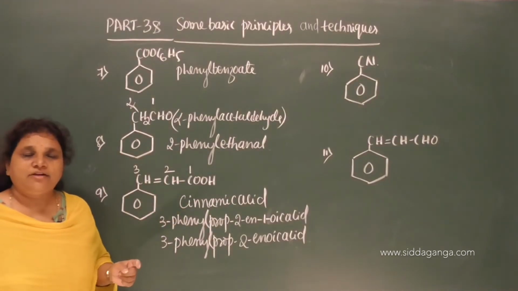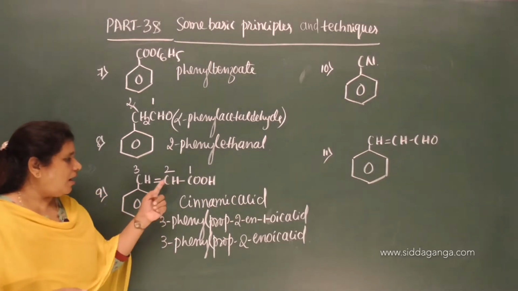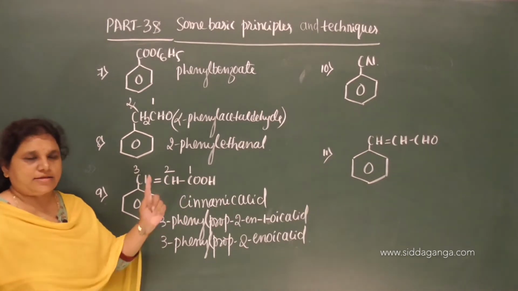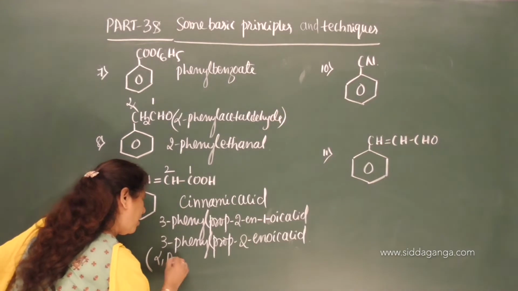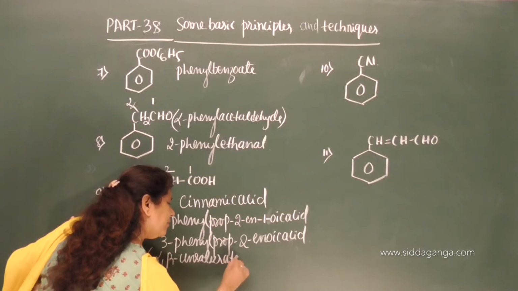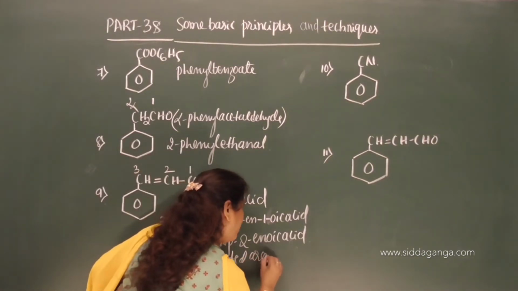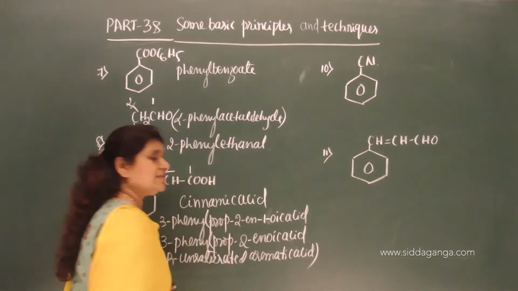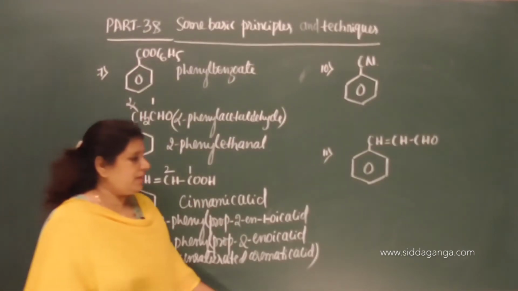A COOH group is there, therefore it is an acid, so it is called alpha beta unsaturated aromatic acid. Cinnamic acid is nothing but an alpha beta unsaturated aromatic acid. That is the nature of cinnamic acid. Clear? Now move on to the 10th compound.